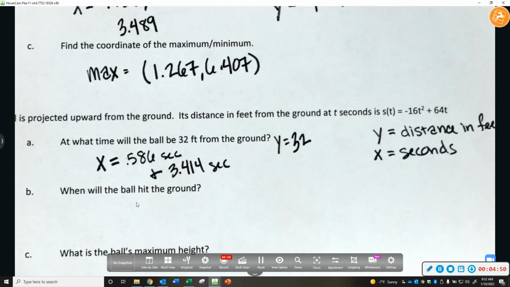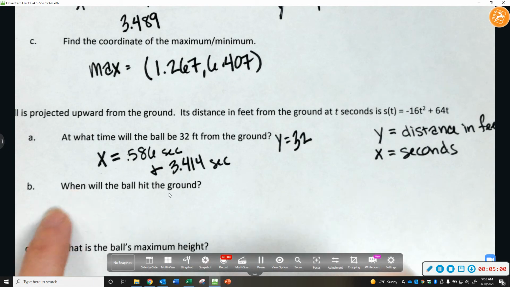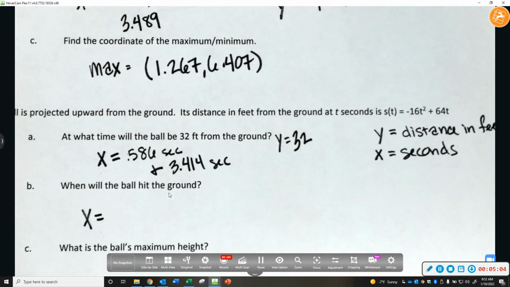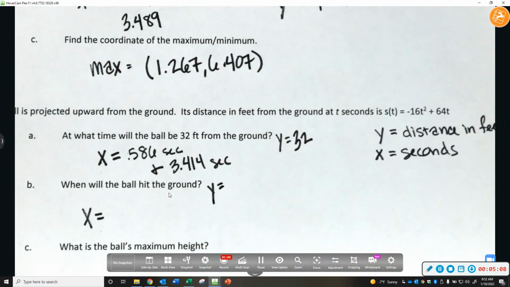When will the ball hit the ground? Okay, so I need to think about, do I know my distance? Do I know my seconds? It asks me when, so that means that I am going to try to find my x. So now I need to find what is the distance that they're talking about.